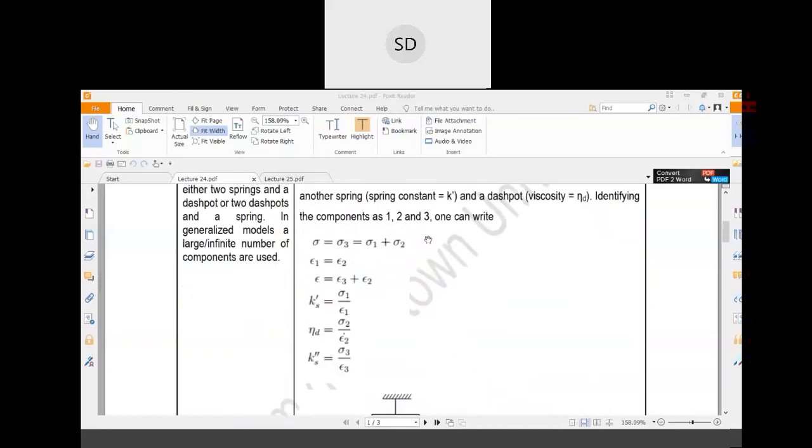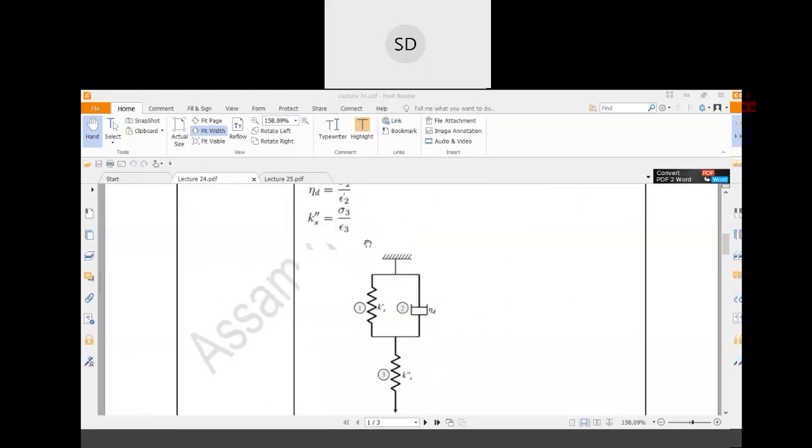That thing is not needed for you. I just wrote it for reference only. For the three component model, see this is a three component model where one spring and one dashpot are connected in parallel.